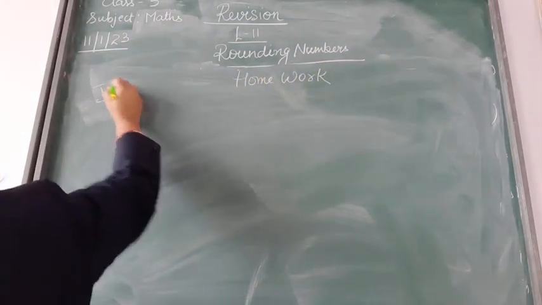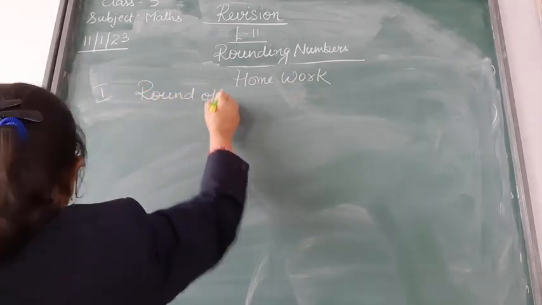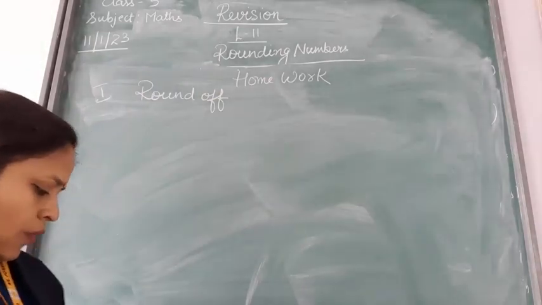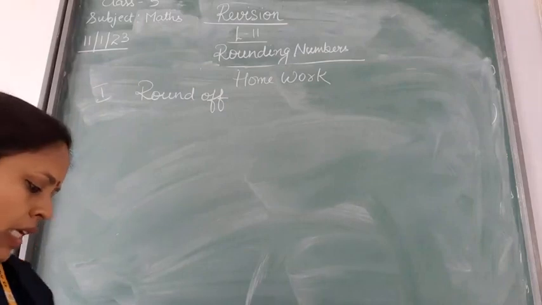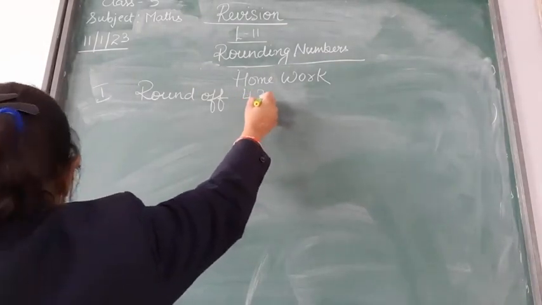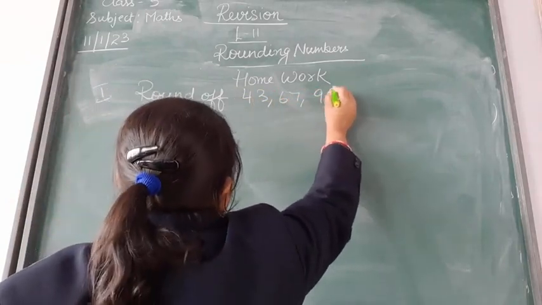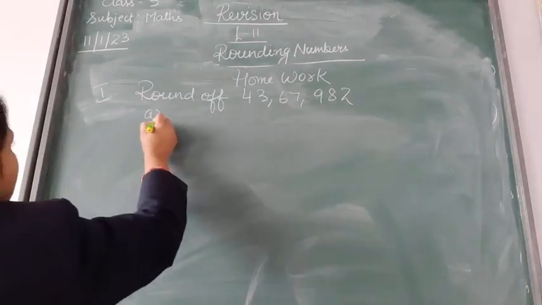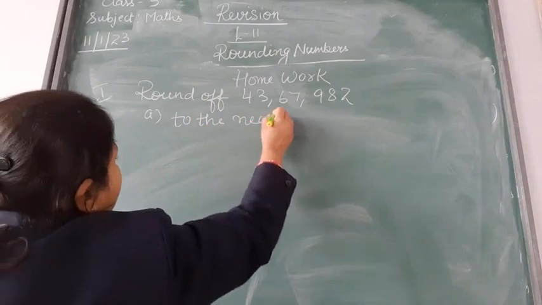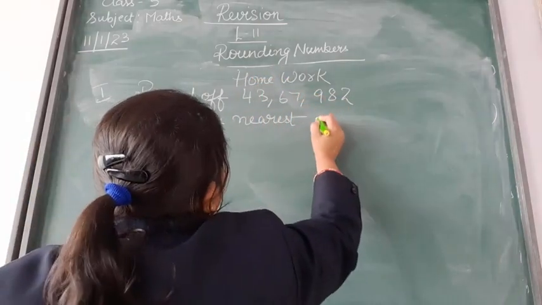First question is round off. This is our first question for the homework, and our first question is round off 43,67,982. A part to the nearest tens place.